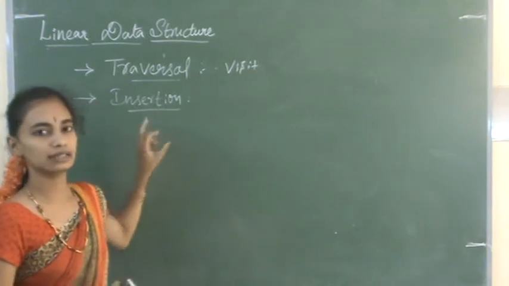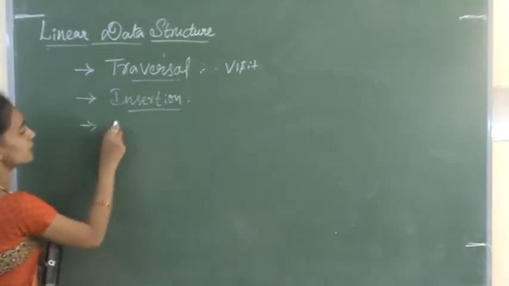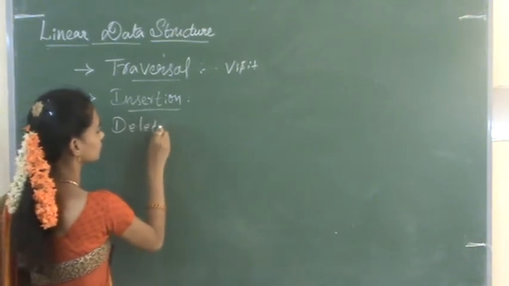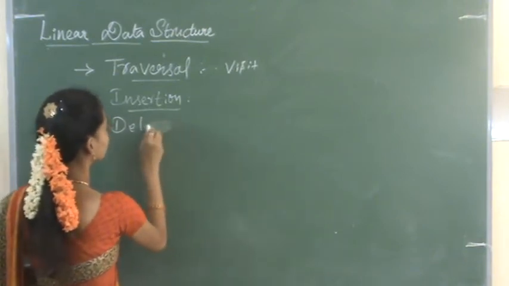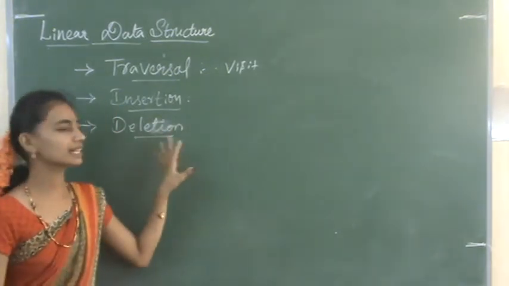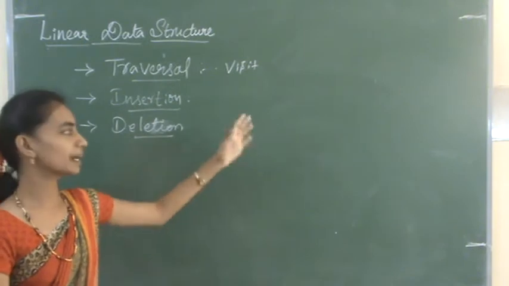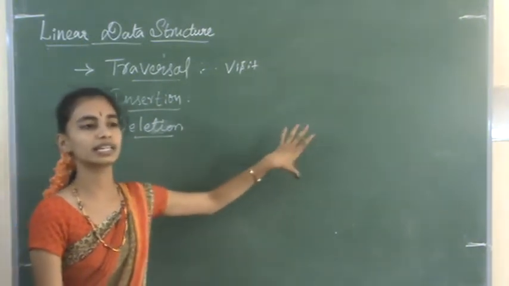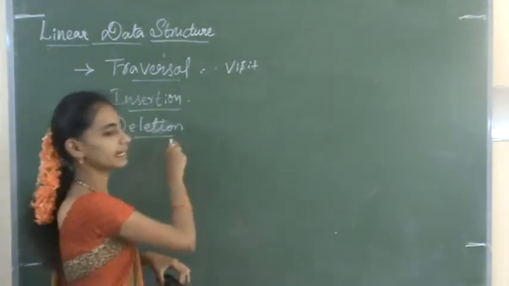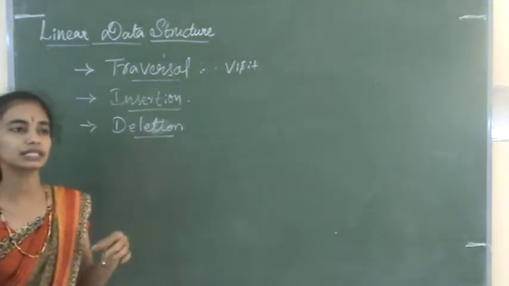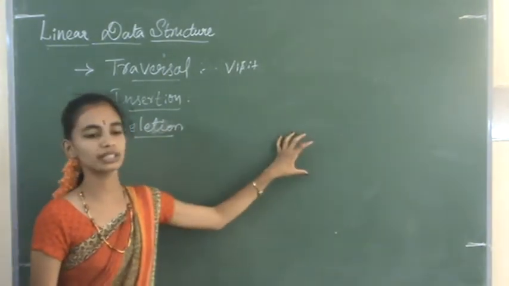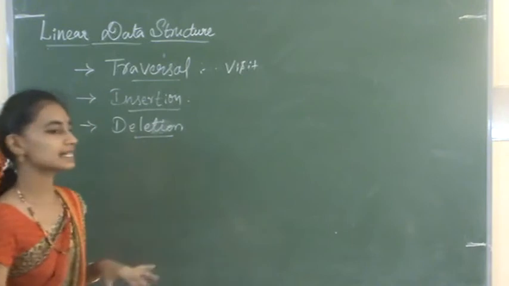The next operation is deletion. Deletion is the process of removing an existing data item from a given data structure. We call it deletion.